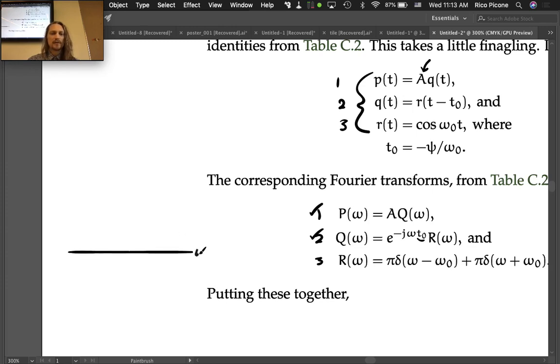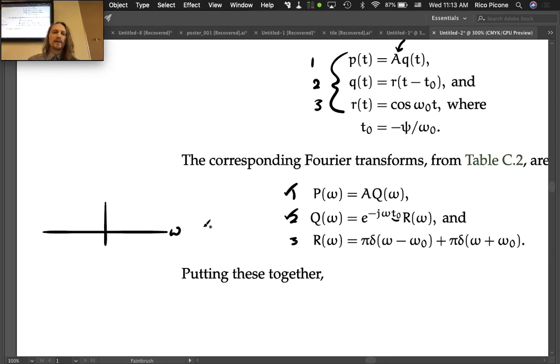So we've got omega, and the delta functions, there's 2 delta functions. Remember, delta functions are going to be 0 everywhere except where the argument is 0. So wherever omega equals omega naught, we're going to have the spike, right?